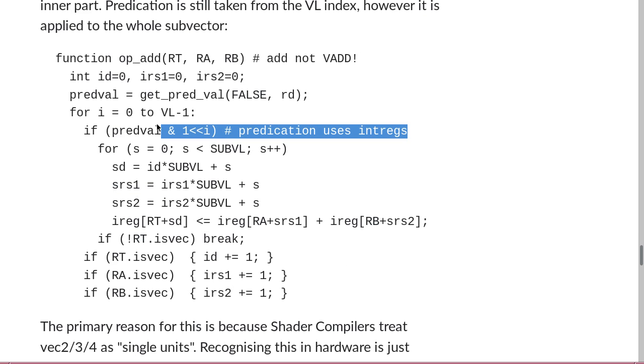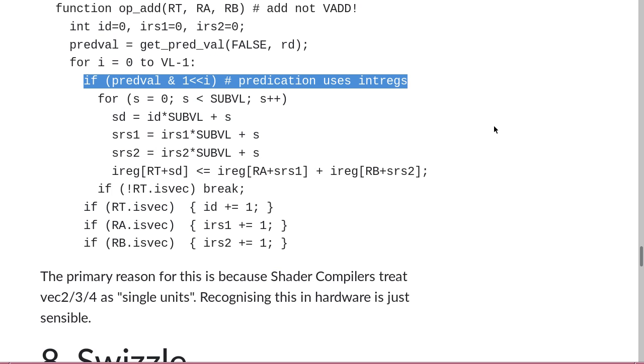of it is that the predication applies to the whole of the subvector. It does not apply to the individual elements of the subvector, because Subvl takes care of that in a different fashion, and this saves you on the number of bits in your masks, so you can treat your vec 2, 3, or 4 differently.